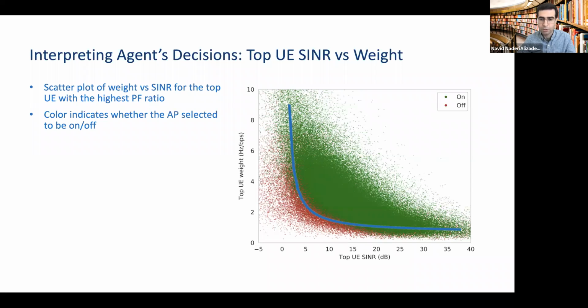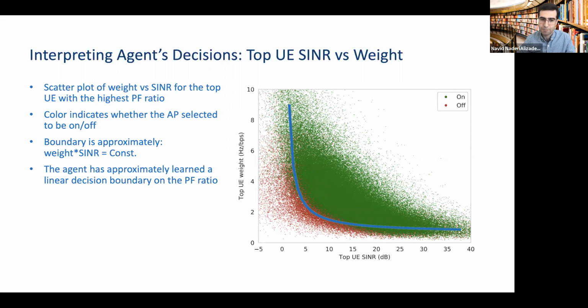The color coding shows what action the agent took. Green is when the agent was on, serving any of these sub 3 UEs, and red is off, so it decided not to transmit at all. You see there is a clear boundary here: weight times SINR equal to a constant factor.